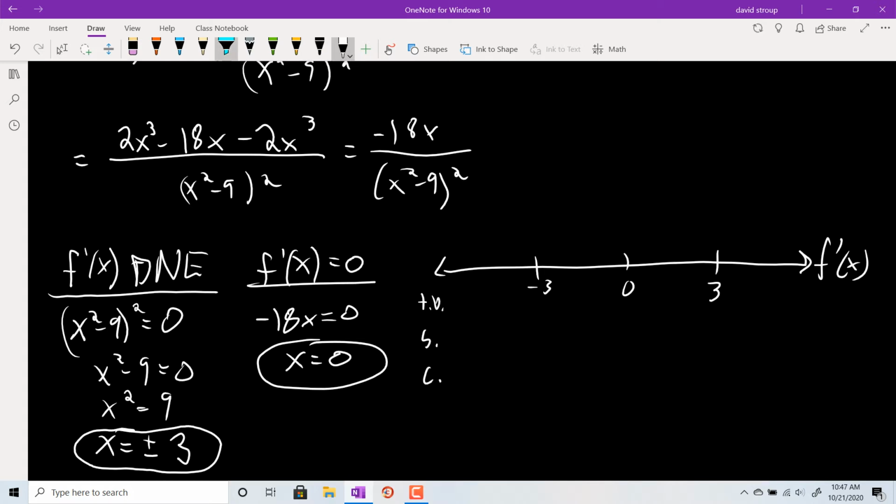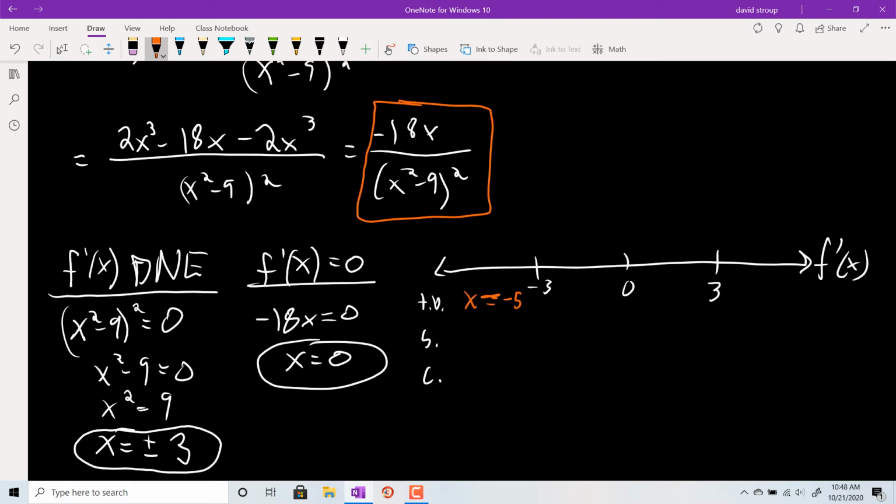So let's go at it. Plugging stuff now into f prime of x, which is this thing here. The denominator is always squared, so it's always positive. So therefore, the numerator is the deciding factor of whether it's negative or positive. So for instance, you try x equals -5.